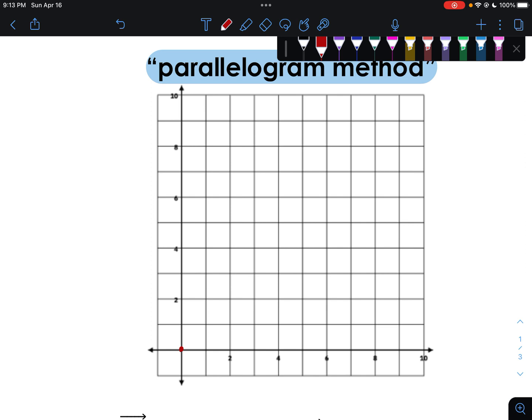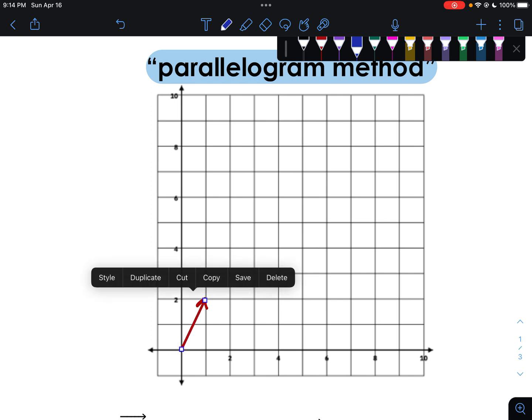So vector v was 1, 2. So it's going to go to right here. Then I'm going to have vector u, and I'm going to graph that one from the origin at 3, 1.